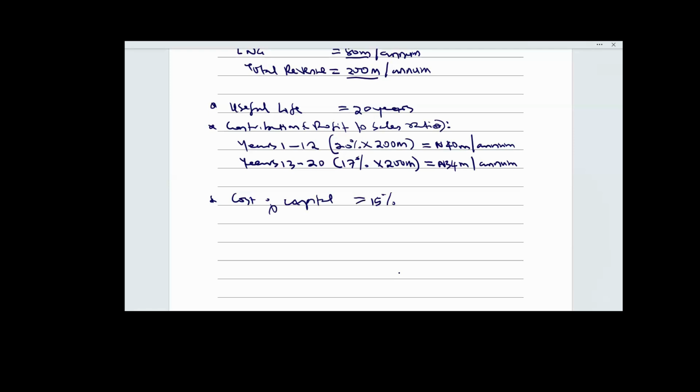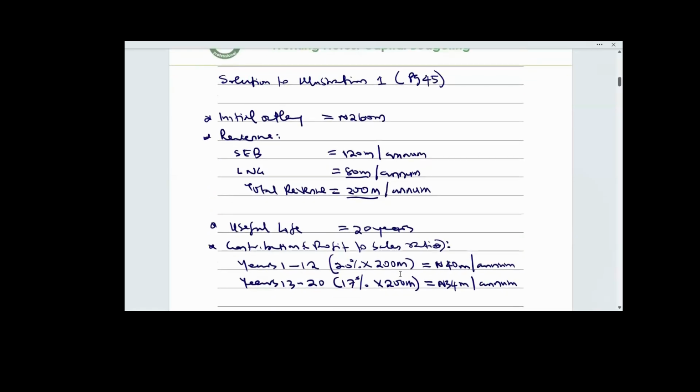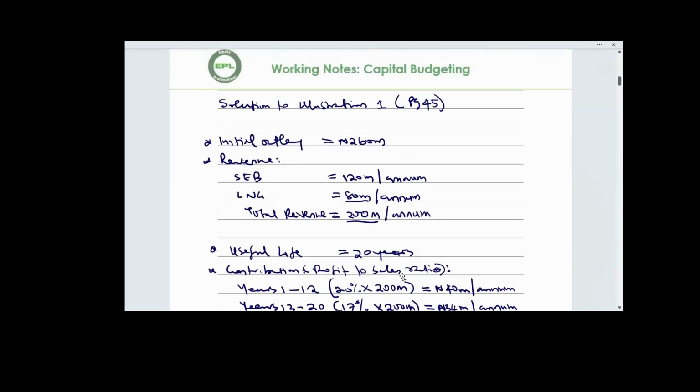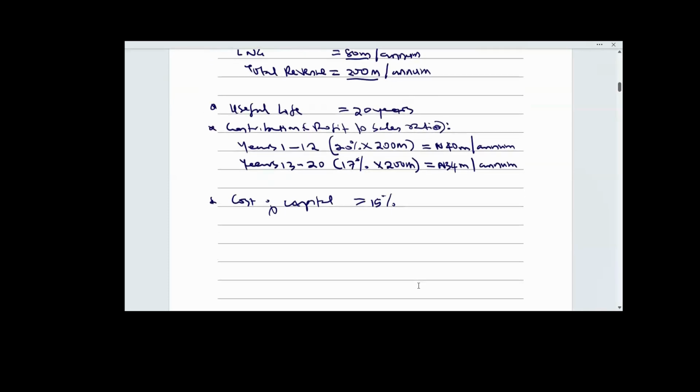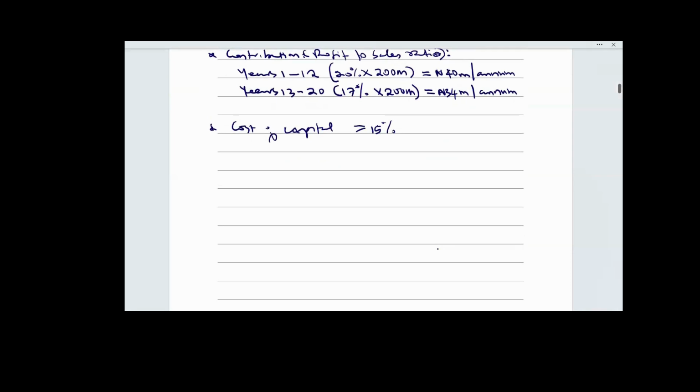So let's solve now. We want to calculate payback period for True Talk Nigeria Limited. Requirement number C, calculating payback period.